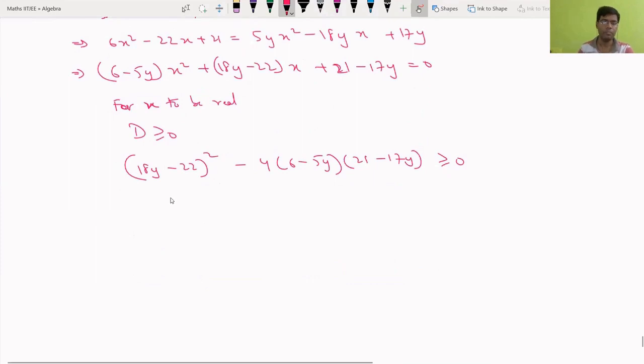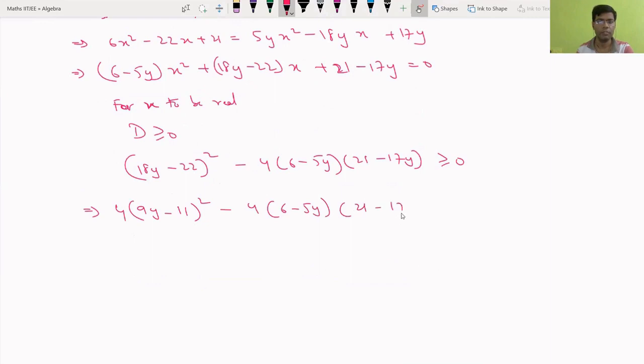So if you see, basically we'll end up getting a quadratic in y. Let me take 2 as common outside. So I'll have (9y minus 7) square, this is 4 outside, minus 4 times (6 minus 5y)(21 minus 17y), greater than or equal to 0.